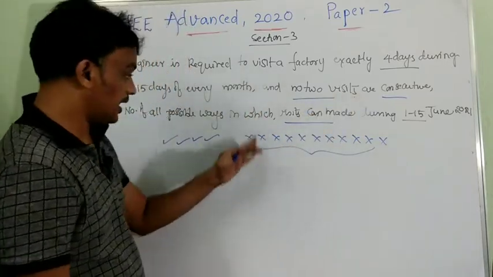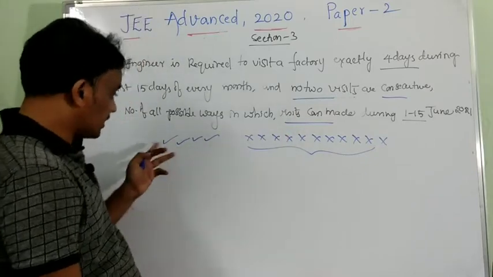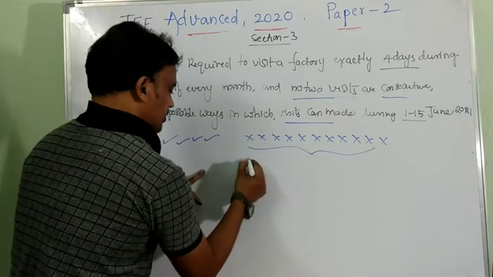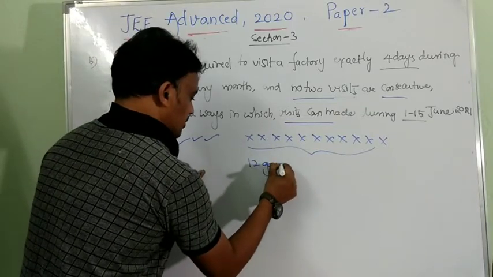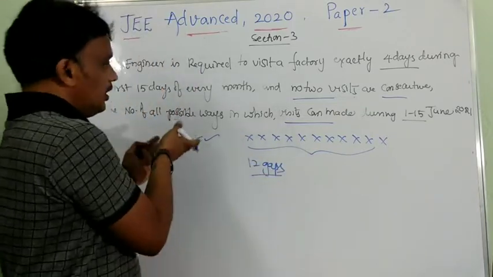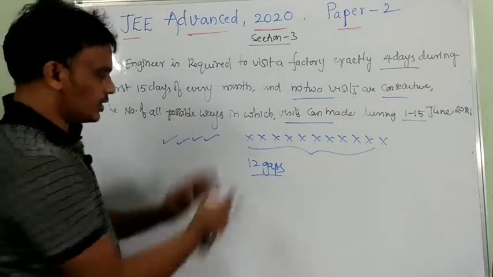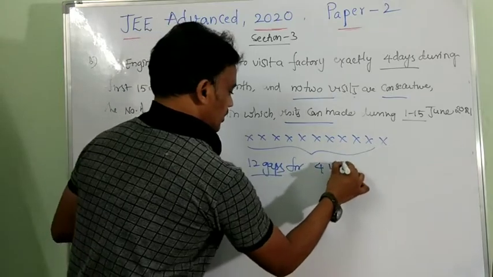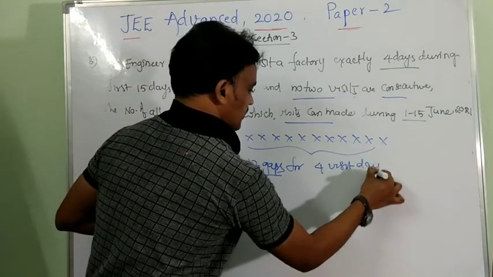After that, how many gaps are there in which we arrange the visiting days? These are the 12 gaps, and these 12 gaps are for the 4 visiting days.